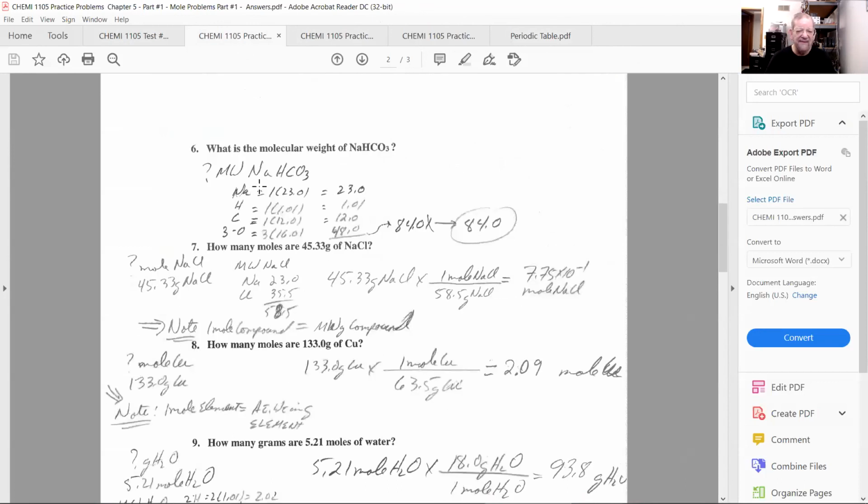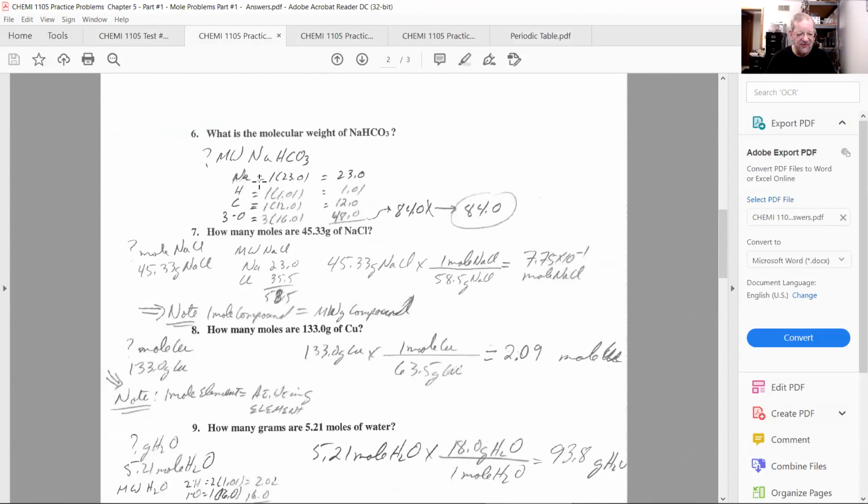And if we look at, let's do number 7. Thumbs up, people. Can you see number 7? How many moles are 45.33 grams of sodium chloride on your screen?